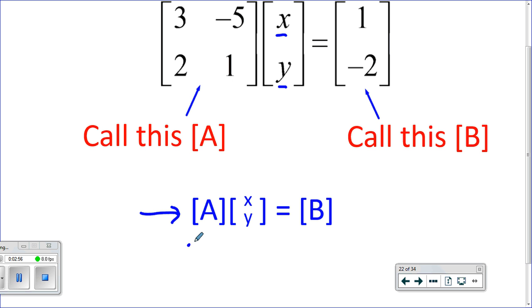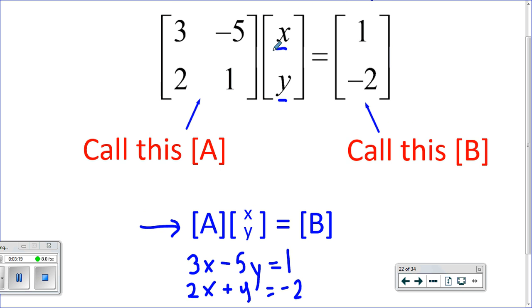Now that's 3x minus 5y equals 1, and then I would have 2x plus y, 1y, equals negative 2. There's my system of equations, just as a quick review. But this is what it looks like as a matrix equation.